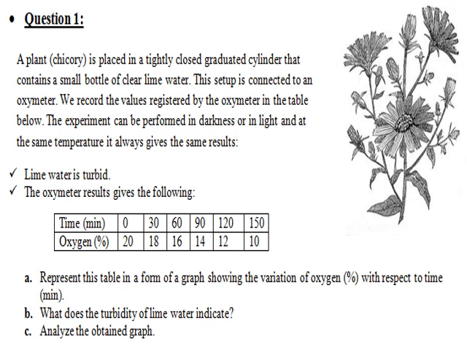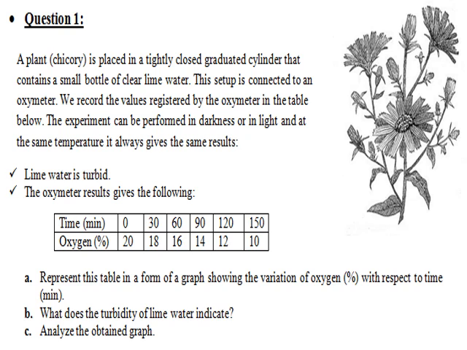A plant is placed in a tightly closed graduated cylinder that contains a small bottle of clear lime water. This setup is connected to an oximeter, which records the amount of oxygen.